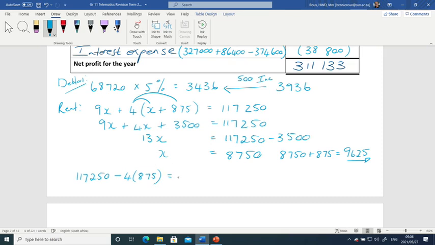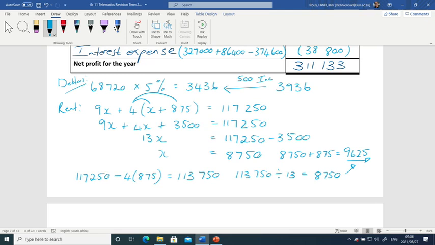And that will give you 113,750. So that is the amount without the increase. And we know it is for 13 months because we received 1 month in advance. And that will also give you 8,750 per month. And then you just add the 875 and you also get the 9,625.